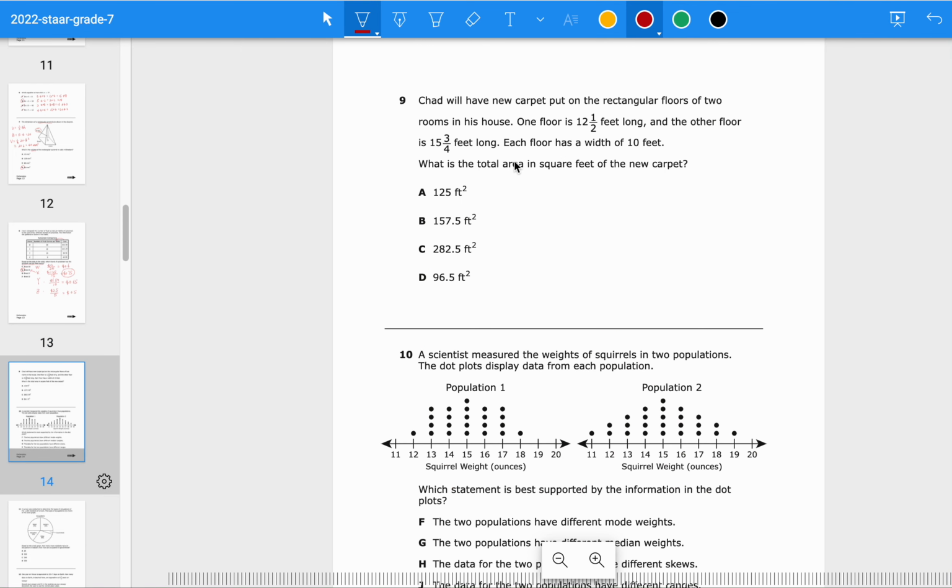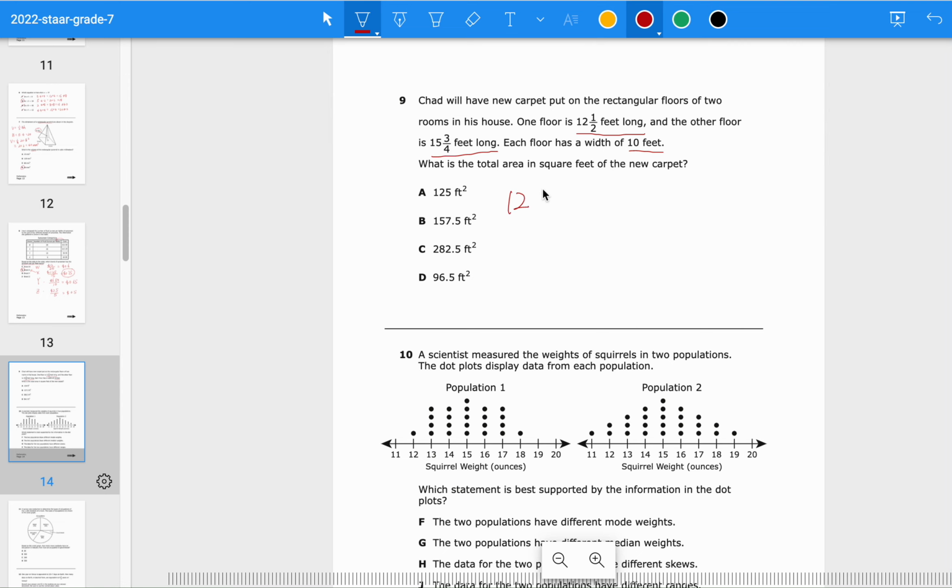Number 9. So we have two rooms, and one room has the size 12.5 feet long and 10 feet wide. And the other room is 15 3/4 feet long and also 10 feet wide. If we want to find the area in square feet of this new carpet, we're going to add these two rooms together.